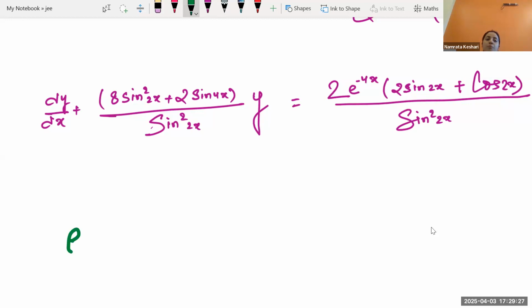Yes, ma'am. e to the power ∫P dx. Let's do it. So our P is this one: (8 sin²2x + 2 sin 4x) over sin²2x.